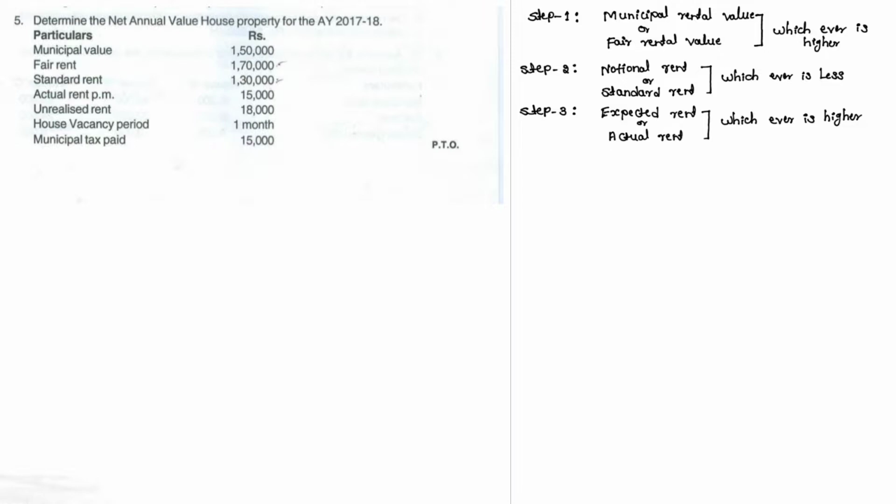Municipal value given is 1,50,000. Fair rent given. Standard rent. Actual rent per month 15,000. Unrealized rent given is 18,000. House vacancy period 1 month. Municipal tax paid 15,000. So we have to identify the net annual value of house property.